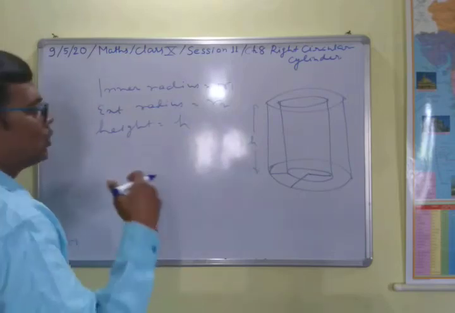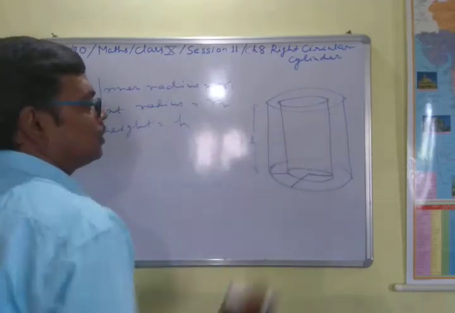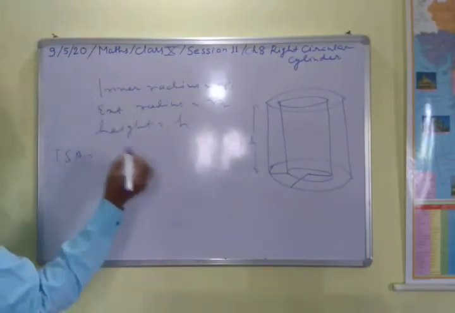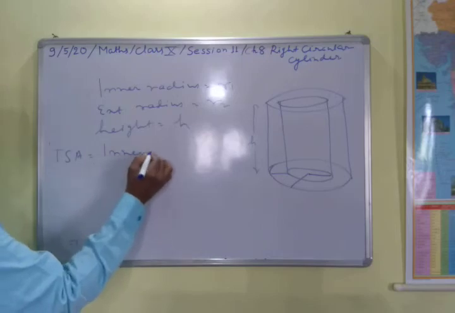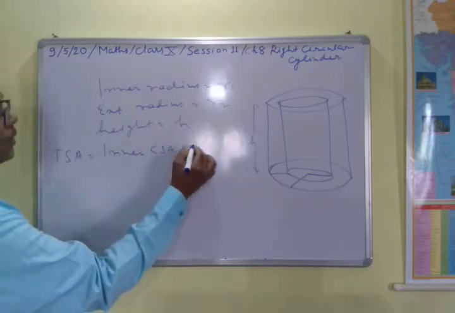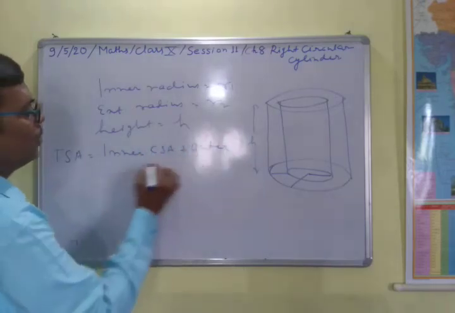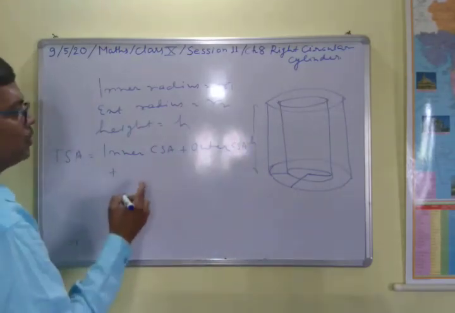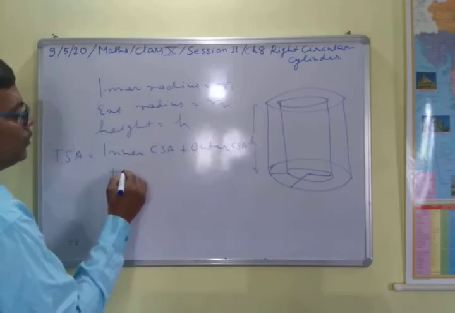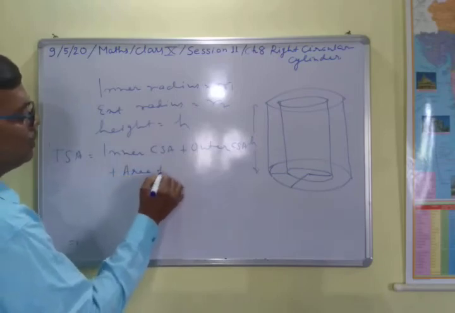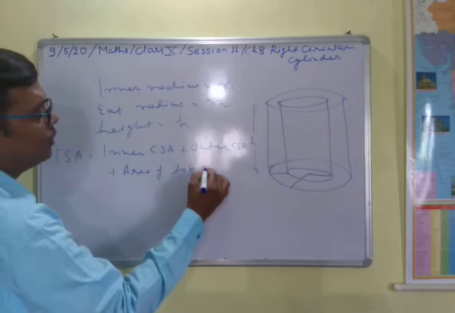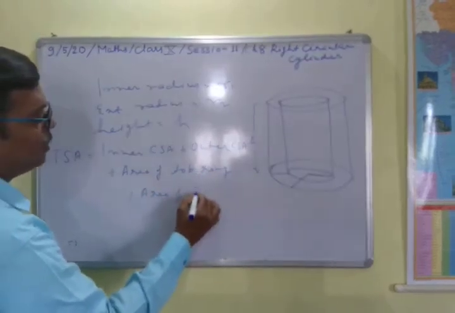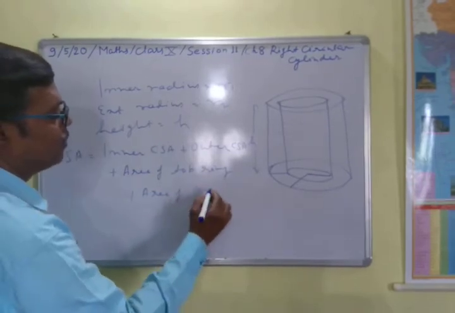In this case the total surface area, the TSA of this, will be equal to the inner CSA plus the outer CSA, plus the area of the top ring plus the area of the bottom ring.